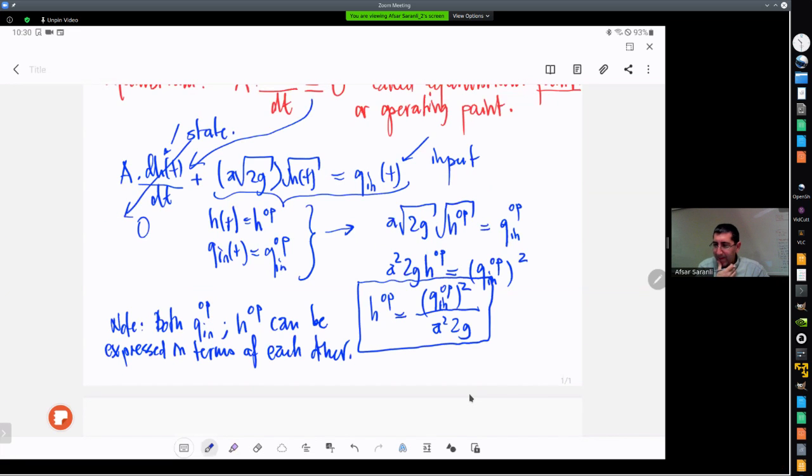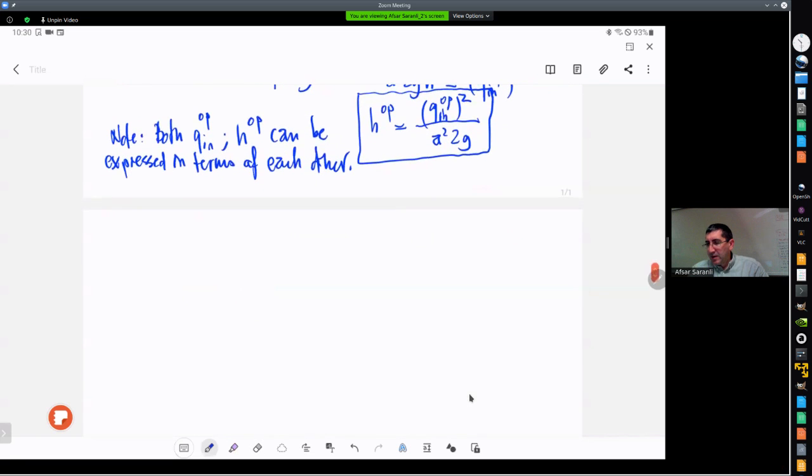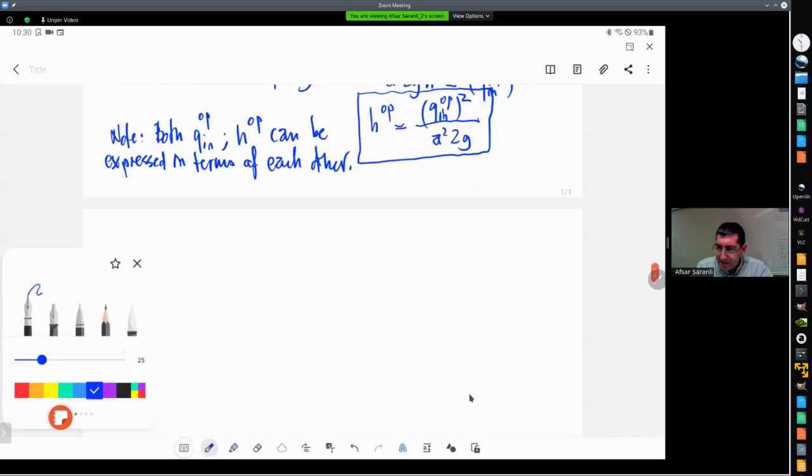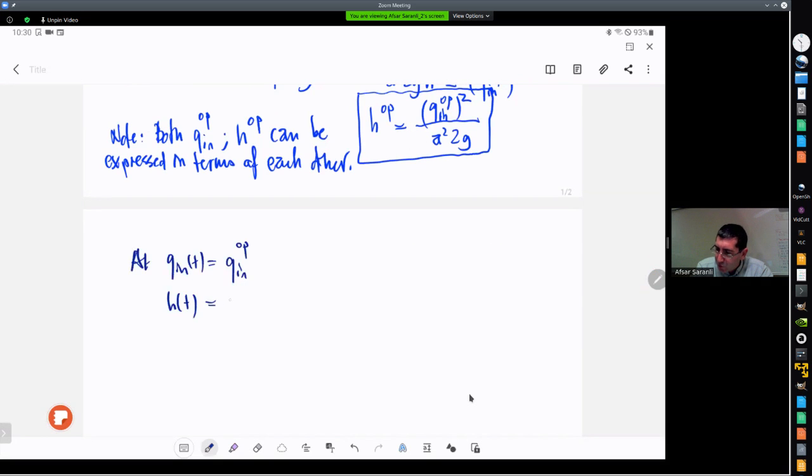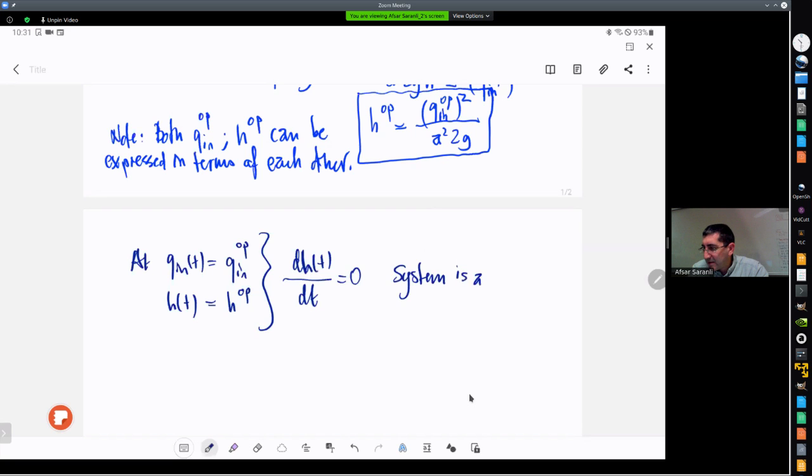So what we mean, or what's the definition, is that at this point, at q_in(t) equals q_in_op, a constant, and h(t) being equal to h_op, we have dh(t)/dt equal to 0, and we say the system is at equilibrium.